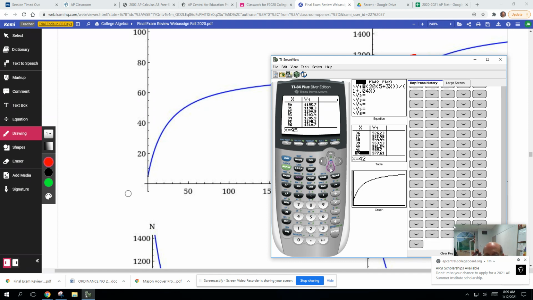We should get to a point where it gets really, really close. Still growing. I thought we'd be growing by now.